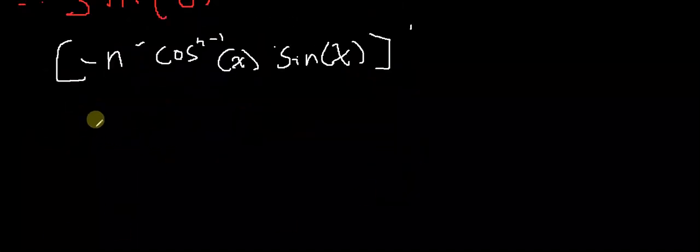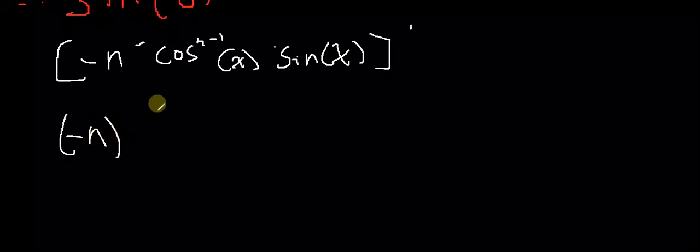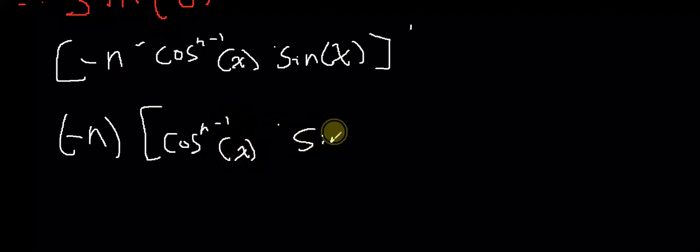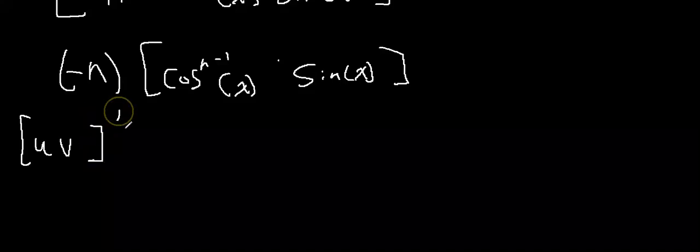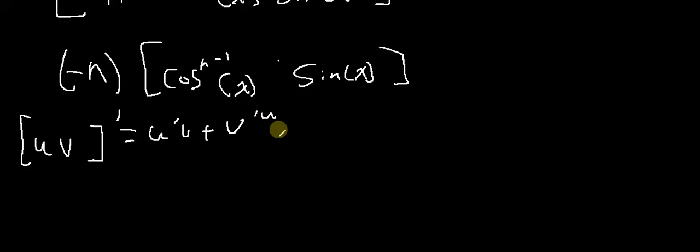So the first step is I'm just going to move out this minus n because it's just a constant value. So minus n. Then we could rewrite cosine to the n minus 1 of x times sine x. And now we need to use the product rule. So the product rule is for uv, the derivative is u prime v plus v prime u.